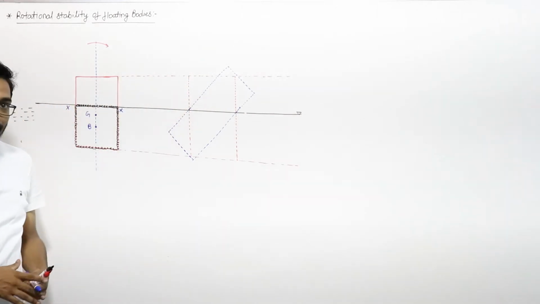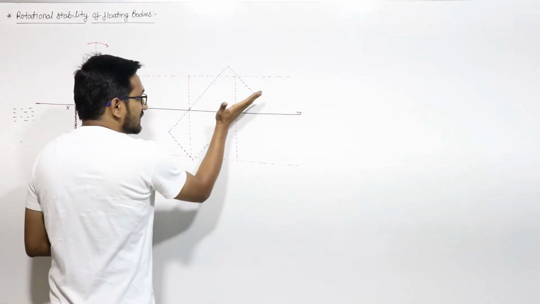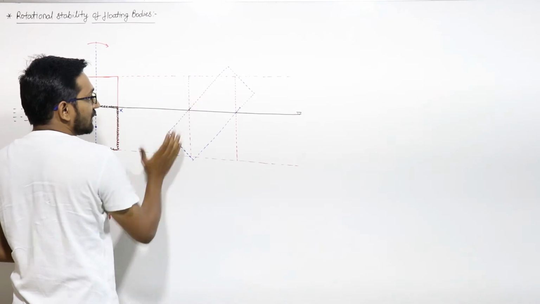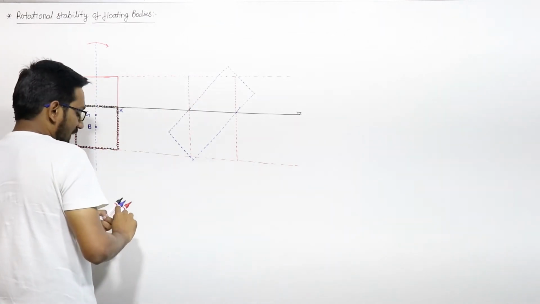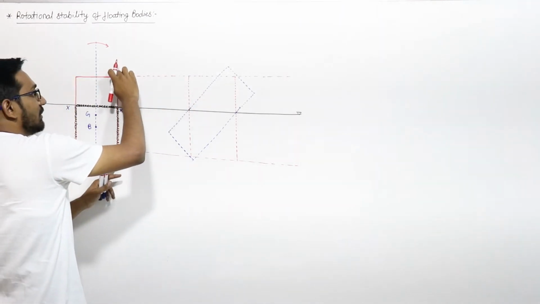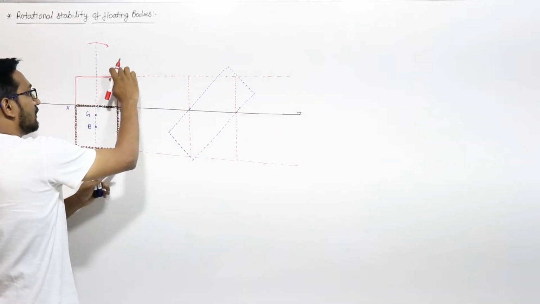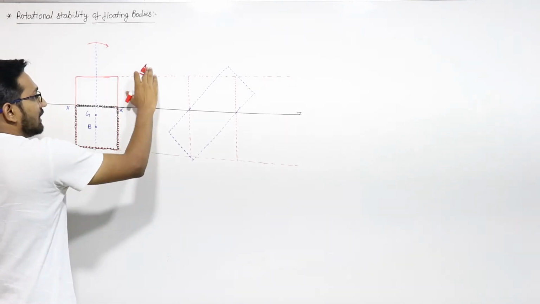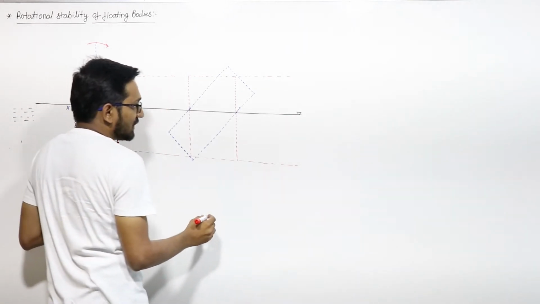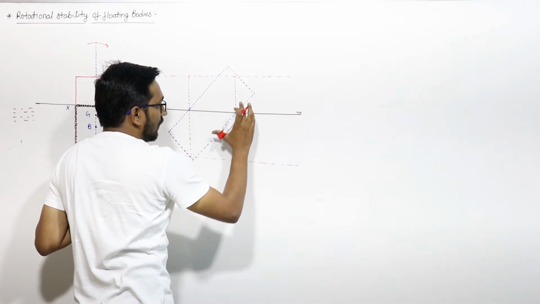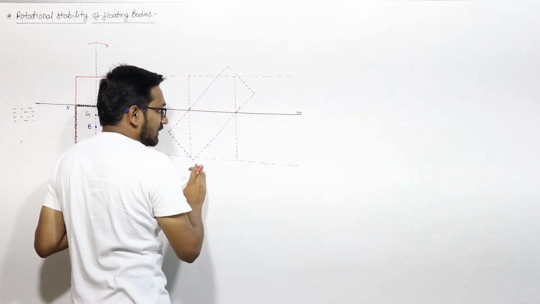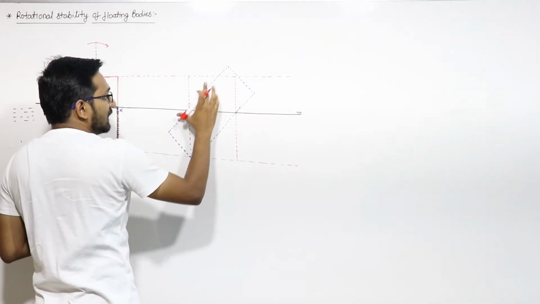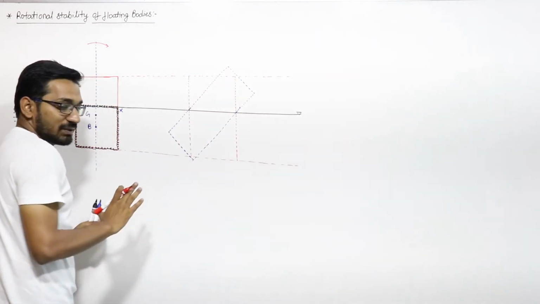I joined it. Now you can see that this side will come inside the fluid and this side will go outside the fluid, right? Let us say that initially both are of 10 meter and initially 5 meter are in the water and the other 5 meter is outside the water. So now let us say 7 meter is inside the water and the rest is 3 meter here. So this is 3 meter, this is 7 meter, right?